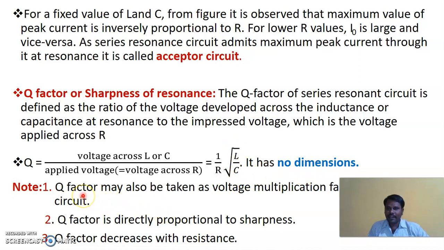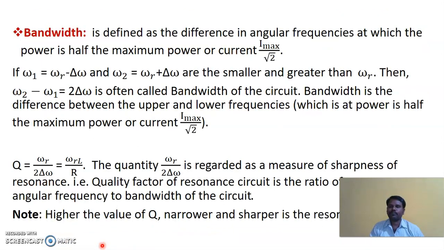Q factor is taken as the voltage multiplication factor in case of series resonance circuit. We have seen quality factor is directly proportional to the sharpness. The Q factor decreases with resistance.